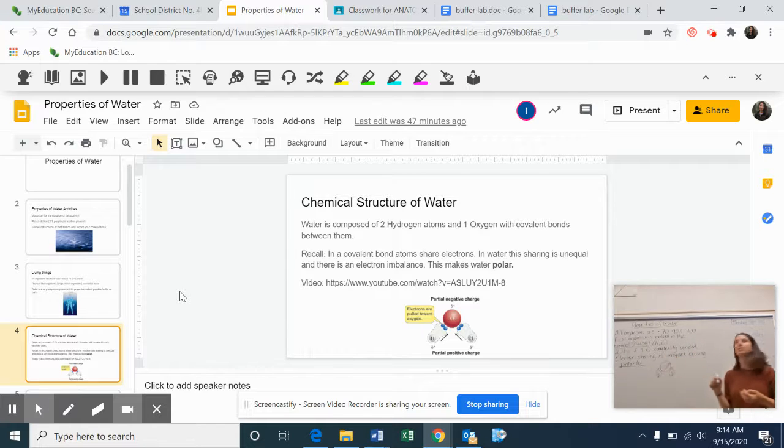So there's a little negative symbol there, and then the hydrogens are going to have a slight positive charge. So the molecule itself has polarity, or it's polar: slight positive charge on the hydrogens, slight negative charge on the oxygen.